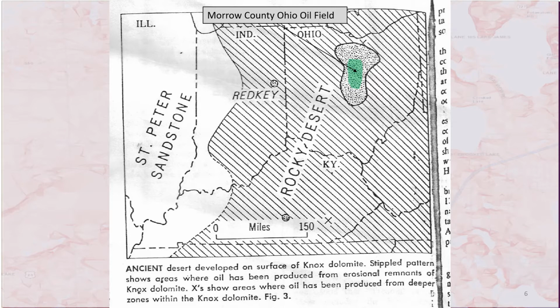In the early 1960s, an oil field was discovered in Morrow County, Ohio. These were Knox erosional remnants that protruded up through the Glenwood and into the Black River. In 1903, Knox erosional remnants were found in Red Key. Knox erosional remnants are found even as far south as Kentucky. They are spread over a wide area.